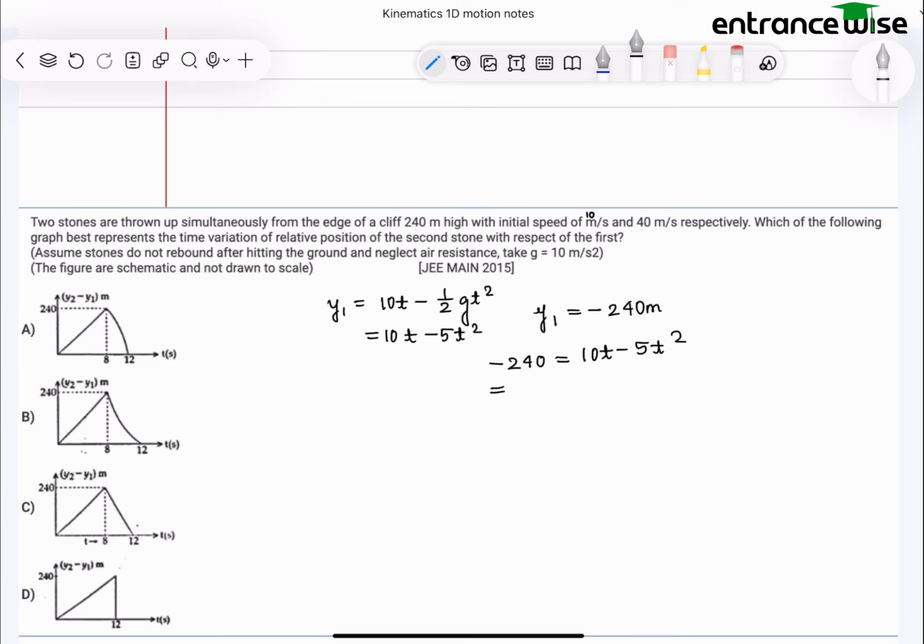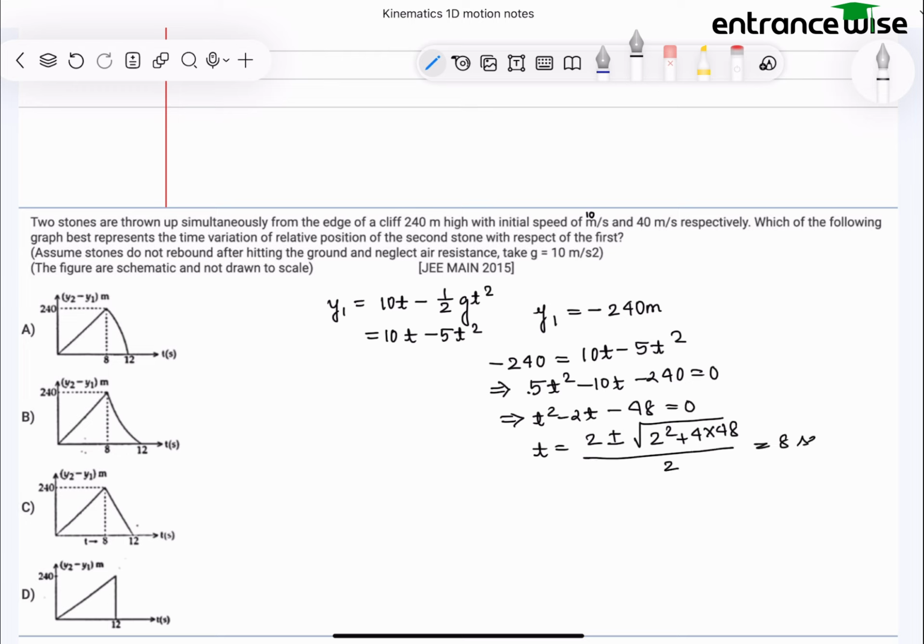Now let's solve this equation, that is 5t square minus 10t minus 240 equals 0, t square minus 2t minus 48 equals 0, t equals 2 plus minus root of 2 square plus 4 into 48 divided by 2, which equals 8 seconds.